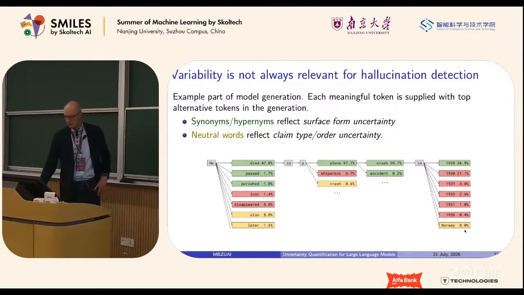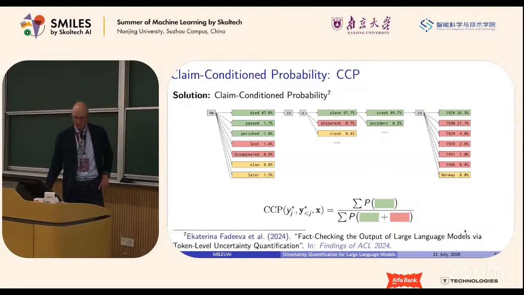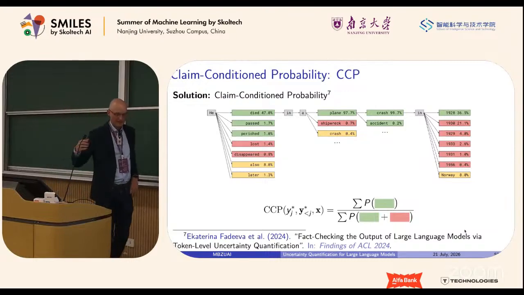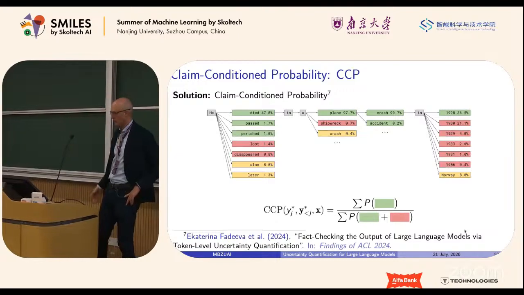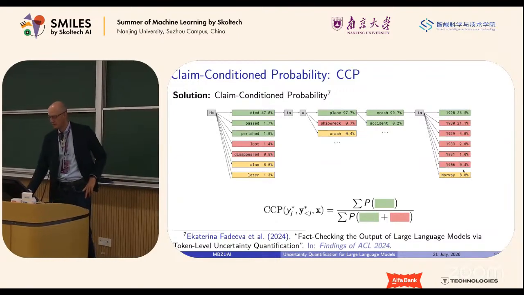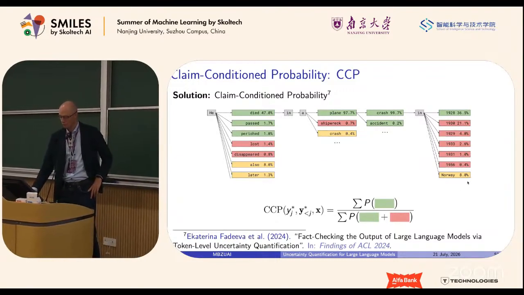So what we suggest is to renormalize the probability distribution in a way that we completely ignore options that are not semantically related to our original generation.